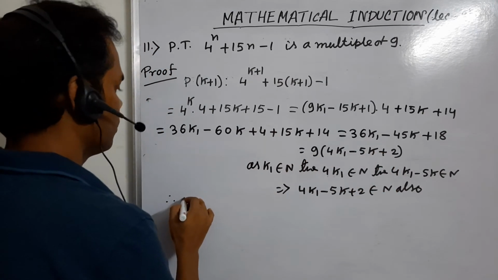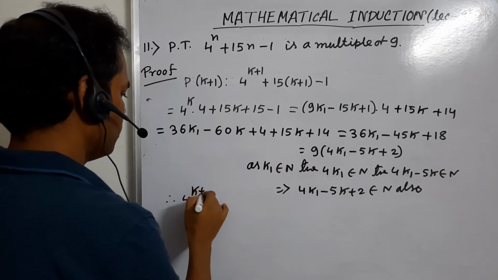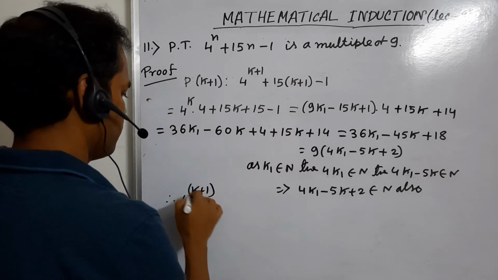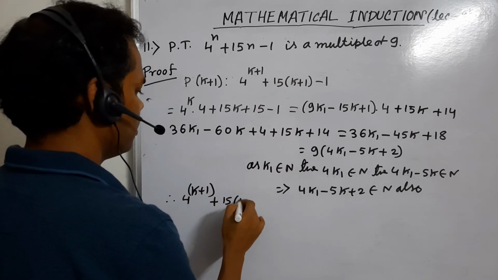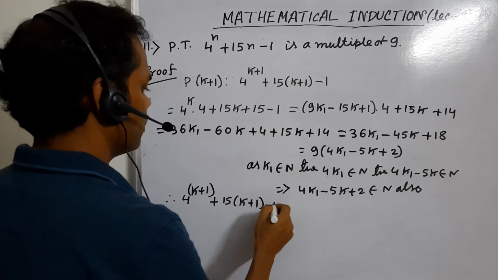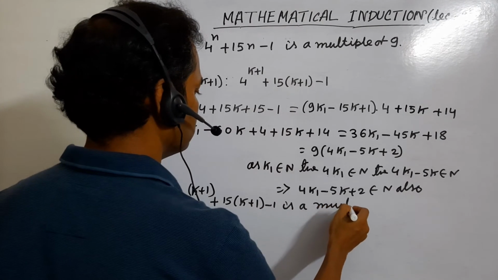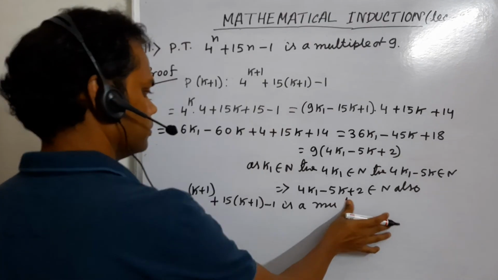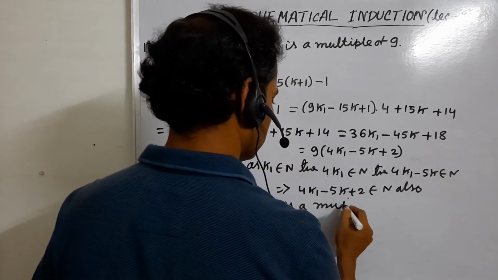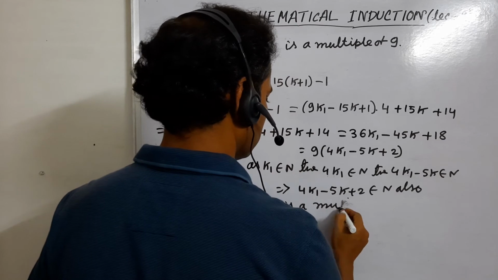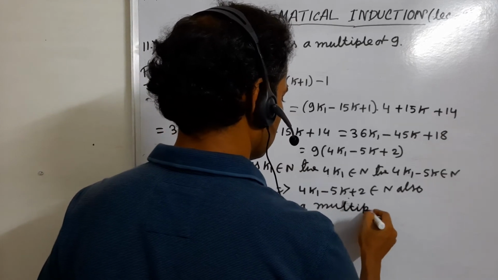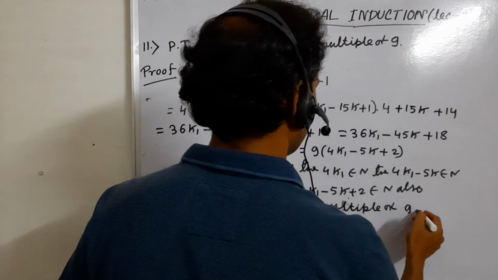So 4 to the power k plus 1 plus 15 into k plus 1 minus 1 is a multiple of 9.